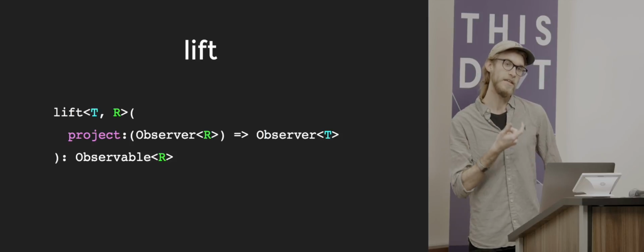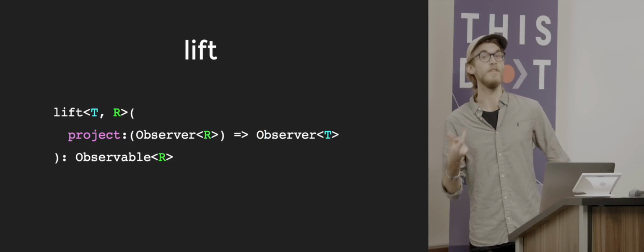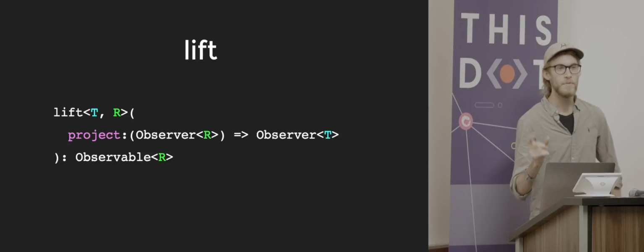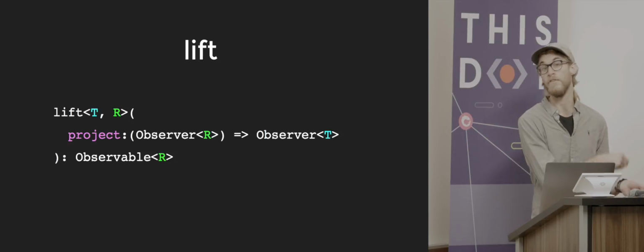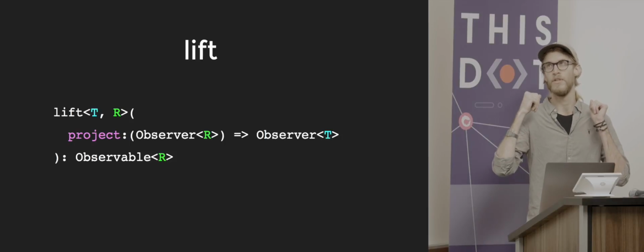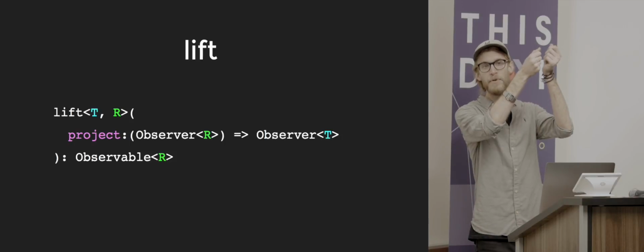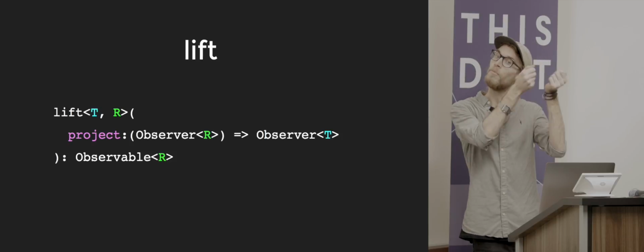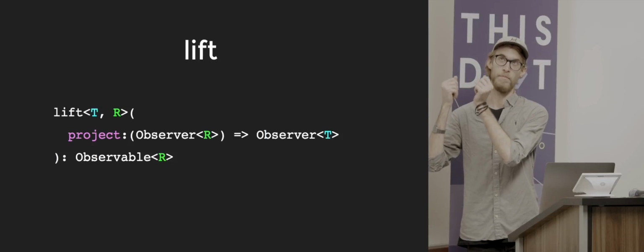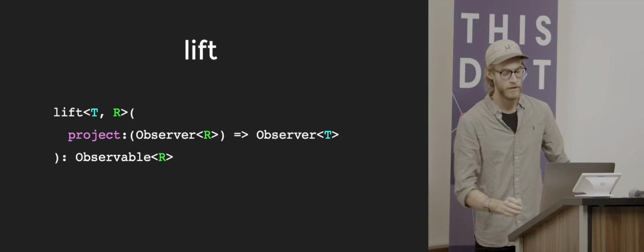The first thing it does is it takes an observer and returns an observer, but more specifically, it takes an observer of the output type and then returns an observer of the input type. So whereas flatMap would take a value of the input type and return an observable of the output type, this takes an observer of the output type and returns a different observer of the input type.